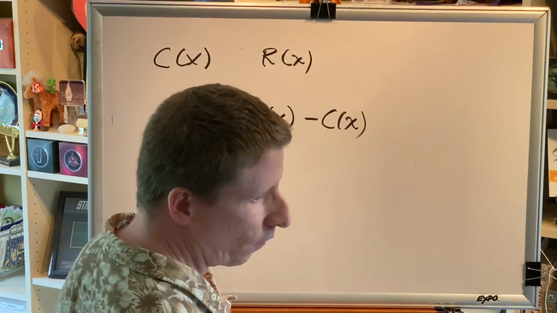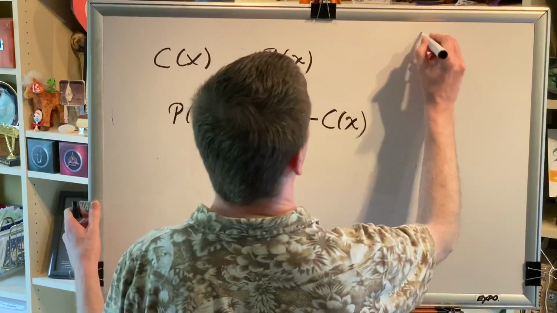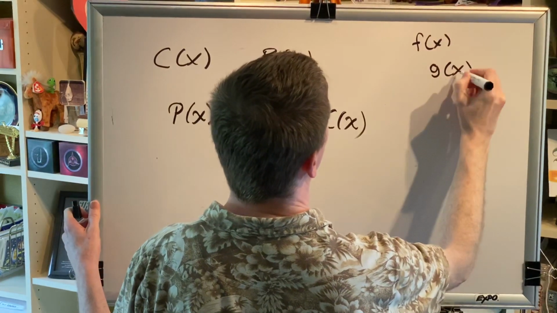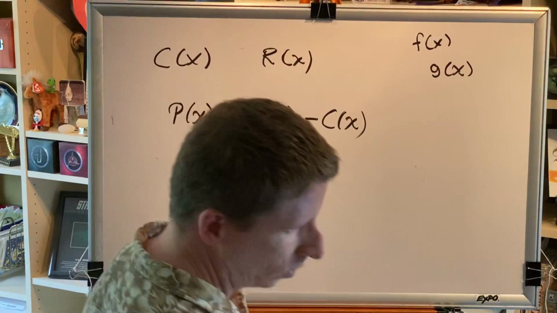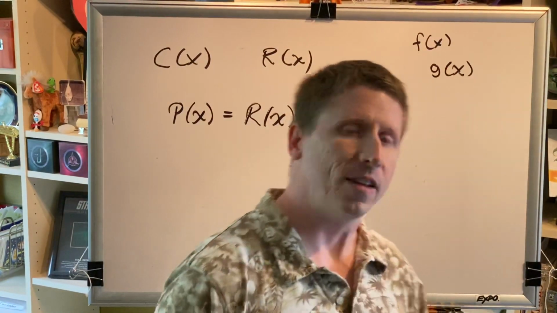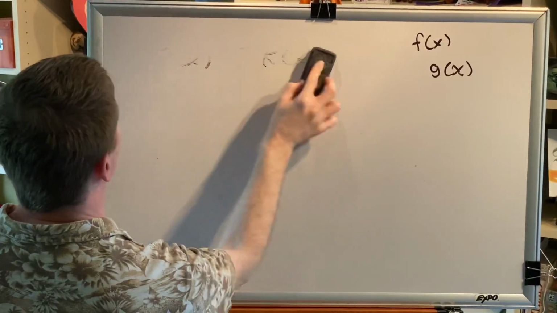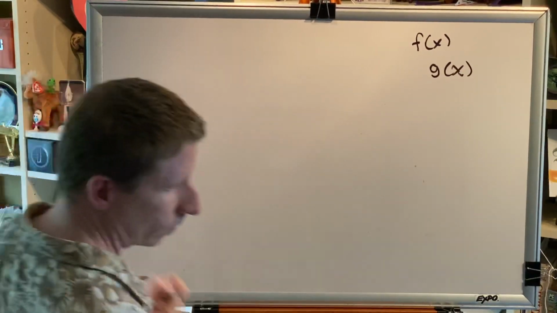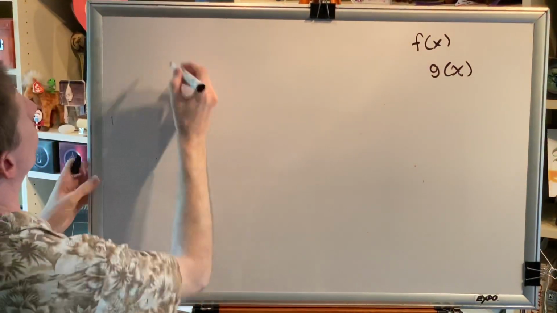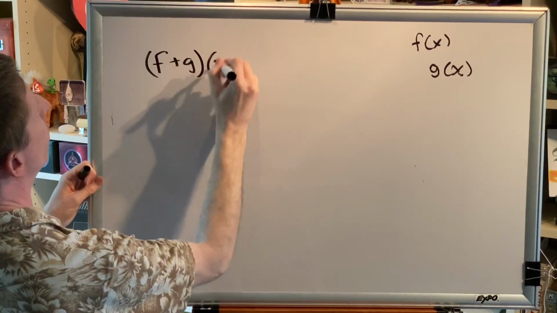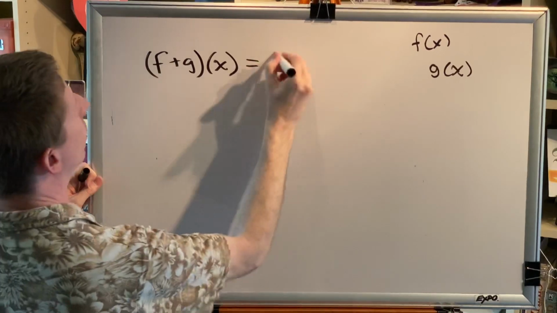Given functions f of x and g of x, we can combine these functions in four ways. If we decide to add the two functions together, we'll give them the new name f plus g.